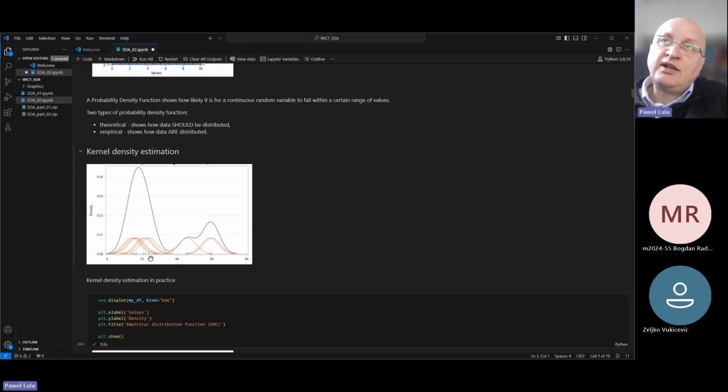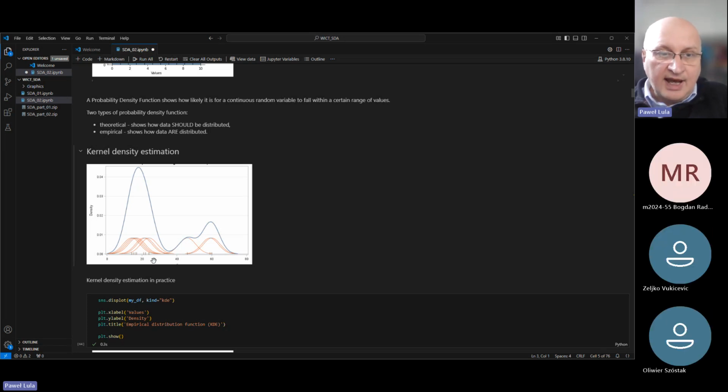We should calculate the probability of occurrence of a value equal to 20 as an area under this curve in the range from 20 to 20. The distance from 20 to 20 is equal to 0, so the size of this area also is equal to 0.